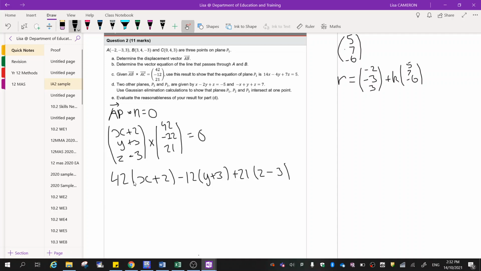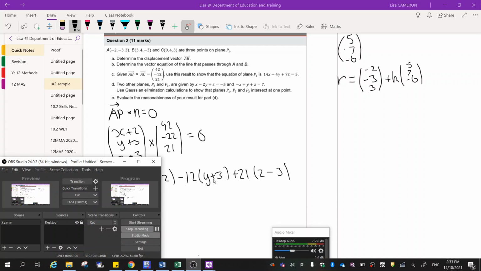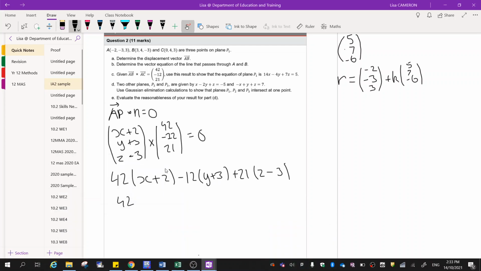Now we're going to expand the brackets. So we've got 42x plus 84 minus 12y. Negative 12 times 3 will be negative 36, plus 21z. And then 21 times negative 3 will be negative 63, equals 0.